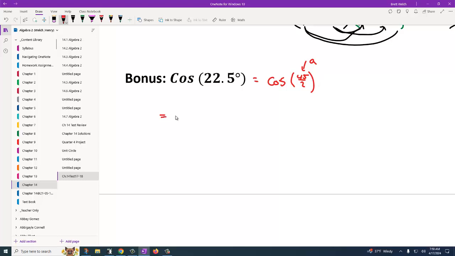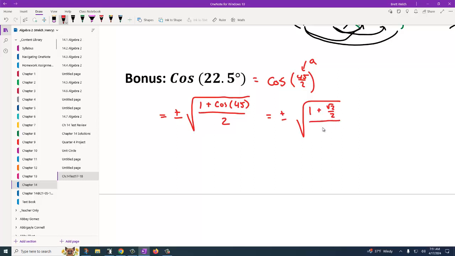Now the cosine formula for a half angle is plus or minus the square root of 1 plus, is it plus or minus? It is plus cosine of 45 all over 2. And if we try to simplify that, it's plus or minus the square root of 1 plus root 2 over 2 all over 2.